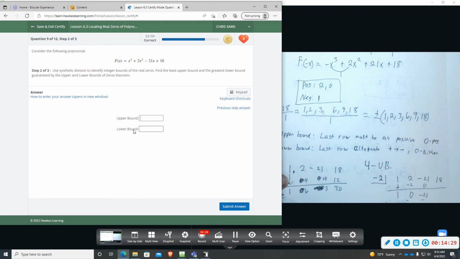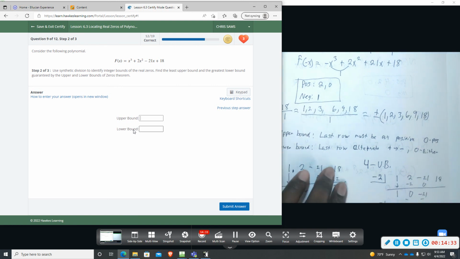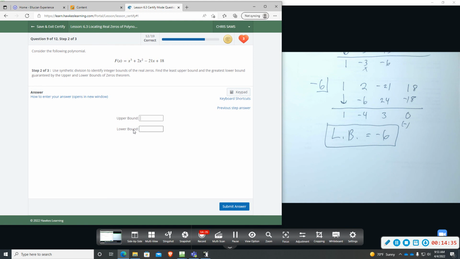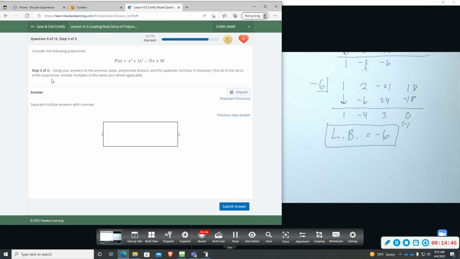Nothing above that on the negative side. So we're going to put in our upper bound, which is 4, and our lower bound, which is negative 6. And then we want to use our answers from the previous steps with polynomial division and then the quadratic formula if necessary to find all the zeros.